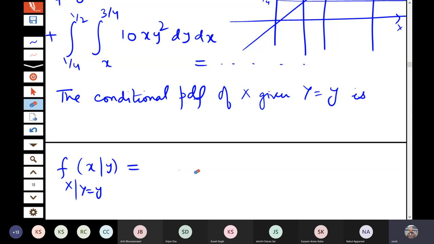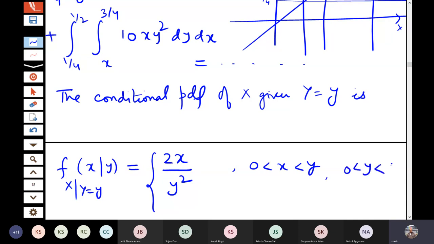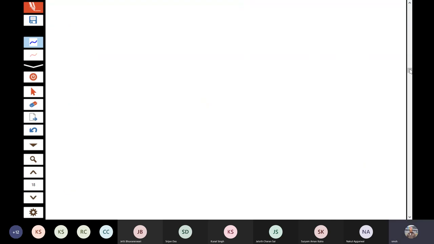So that will become 2x, then y to the power 4. So okay, that will become y square in the denominator. For a value of y fixed between 0 to 1, x lies from 0 to y and it is 0 elsewhere. So this is the conditional probability distribution of x given y. Okay.